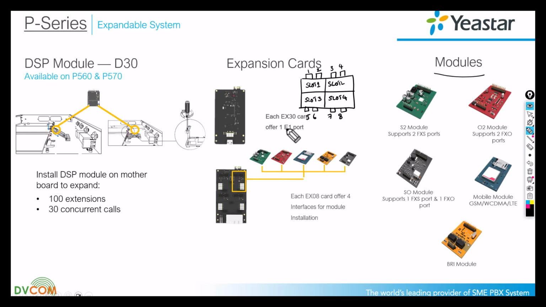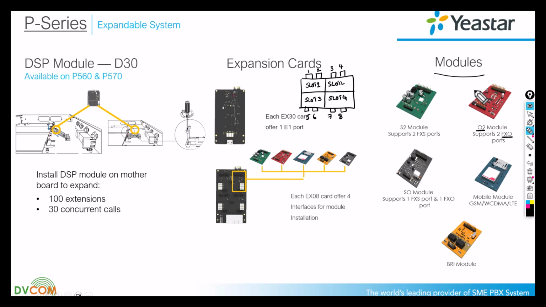For example, if I want to terminate 8 analog lines, what you have to do is use the O2 module. The O2 module is for FXO. FXO is nothing but Foreign Exchange Office. The analog lines which you are getting from your service provider, you can terminate directly. By default, these modules are not available with the P series.